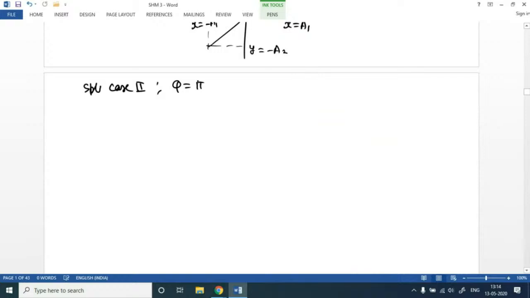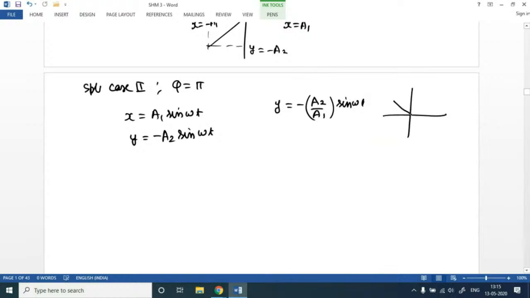In that case x will be equal to a1 sine omega t, and y would be a2 sine of omega t plus pi, so that would be minus a2 sine omega t. Again you will get a straight line, but this time with negative slope. So y is equal to minus a2 by a1 into x, and its graph would be something like this.